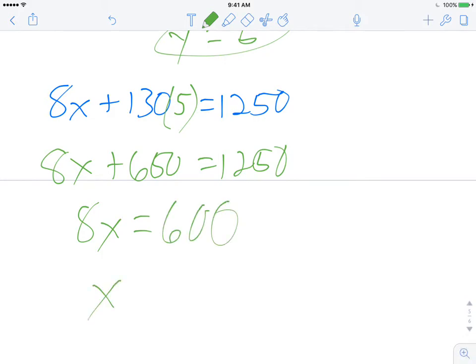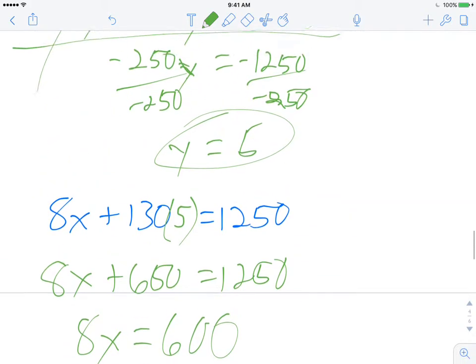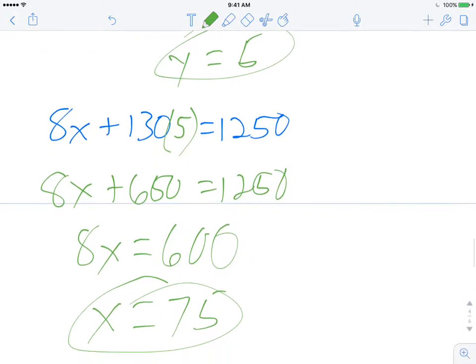Divide by 8 on both sides, and 8 times 7 gives me 56 and 40, 75. All right, so x is 75. So they're going to charge $75 per hour for the loading and unloading, and $5 per mile for the driving.